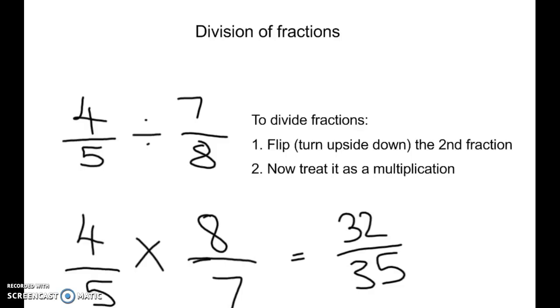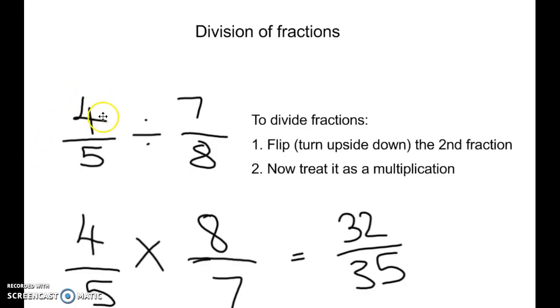We use a bit of a cheat method for this that I'm not going to explain the whys and wherefores of in great detail. For now, if we can just accept that this is a valid method that you are allowed to use, sometimes seen referred to as the KFC method.